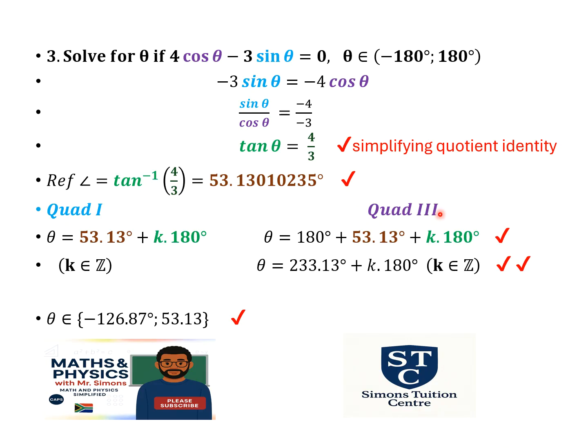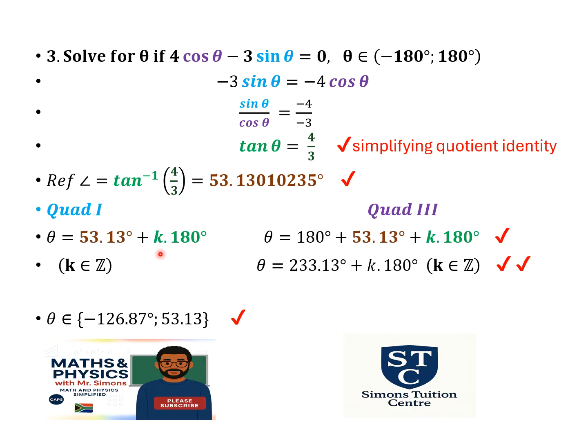In quadrant 3, it's theta equals 180 plus the reference angle of 53,13 plus k times 180. If I simplify here, I have 180 plus that gives me 233,13 plus k times 180. So 1 mark for creating the two equations, 2 marks for getting the answer.